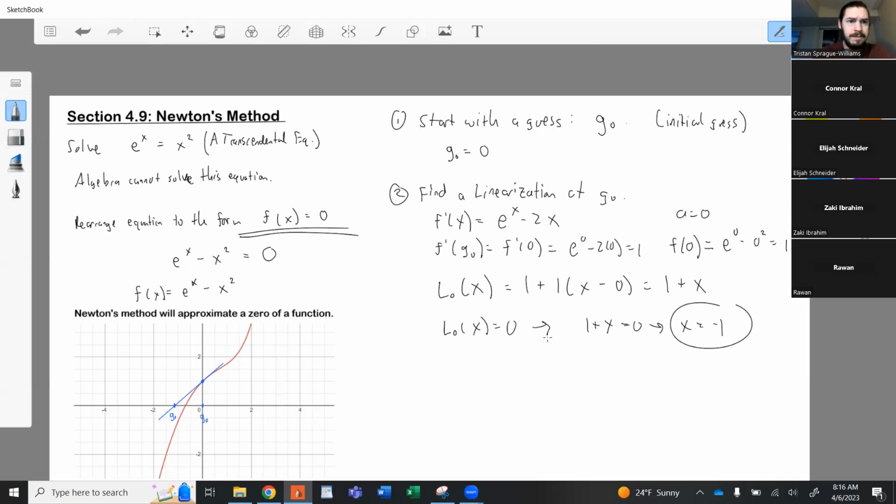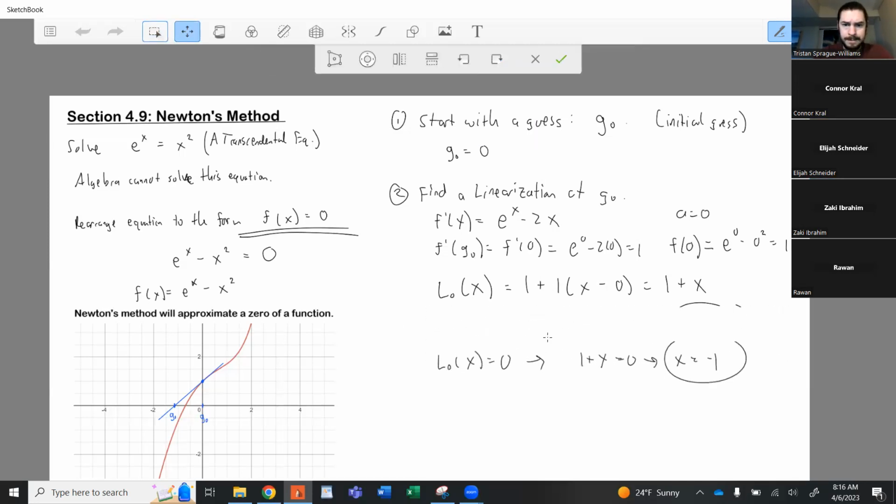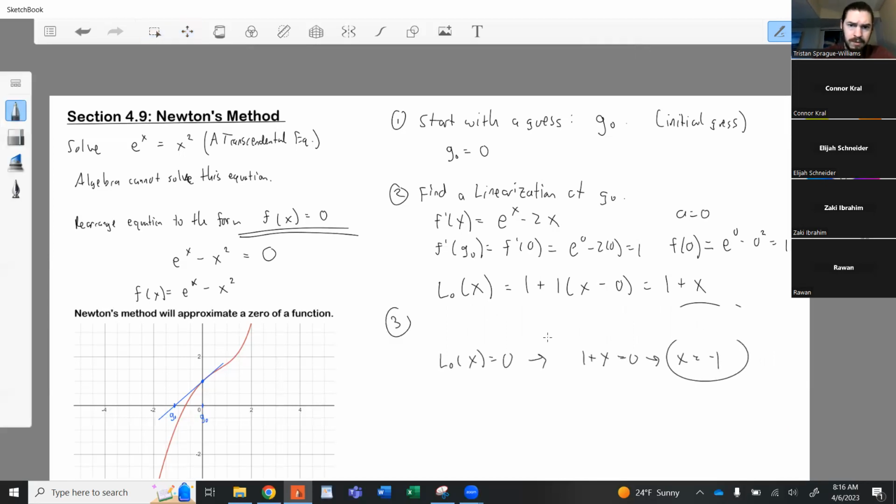So this is what we're doing in this step here: solve, I guess we're finding the x-intercept of the linearization, and then set the next guess equal to that. So we're going to do g1 equals -1.